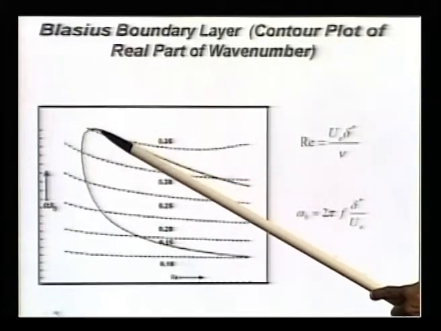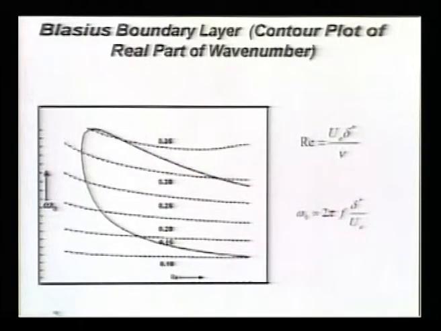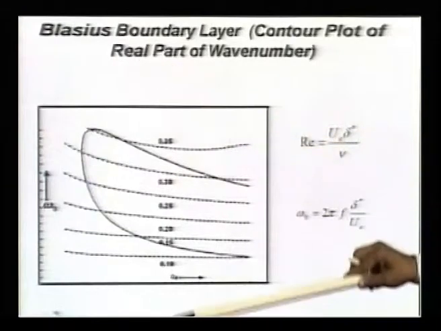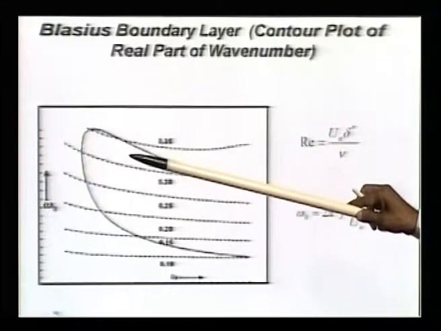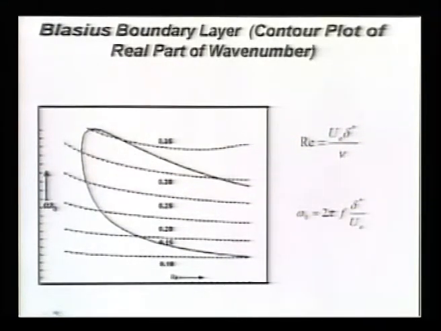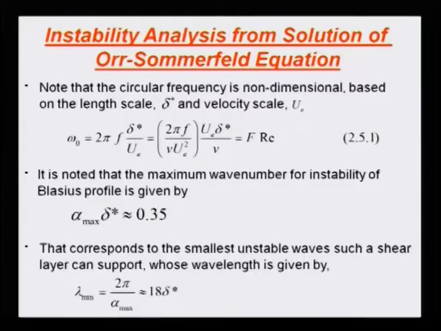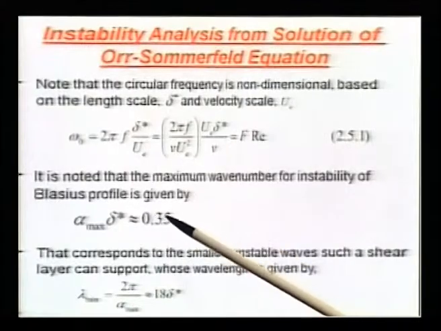So, there is a critical minimum wave number below which everything is going to be stable, right? That is what we have in the transparency written here, that we have a case of alpha maximum, which is roughly, I just simply said, about a value of 0.35.